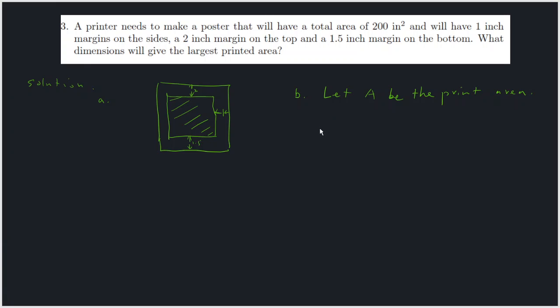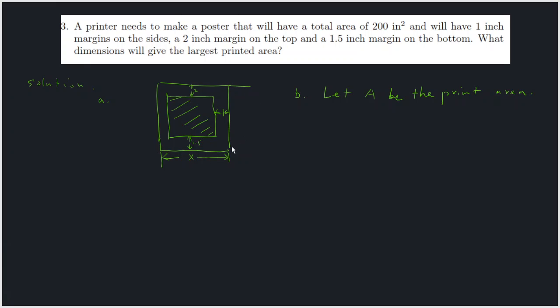It's relevant to question 2. We are looking for the dimension of the poster that will produce the largest print area. I'm going to call the length of the poster x, because we are looking for the dimension of the poster, right?